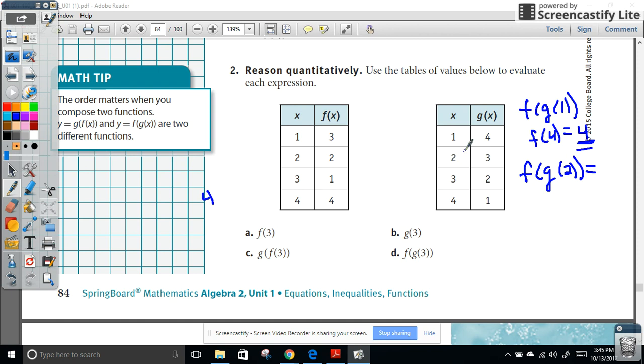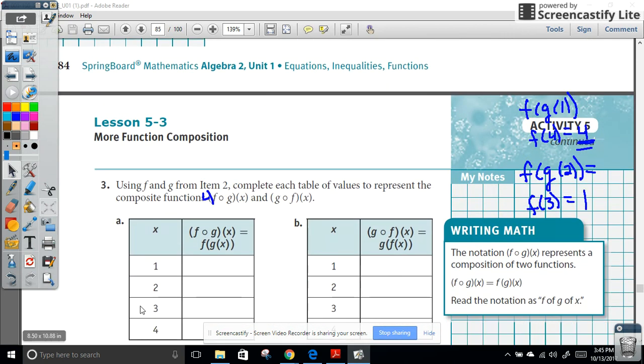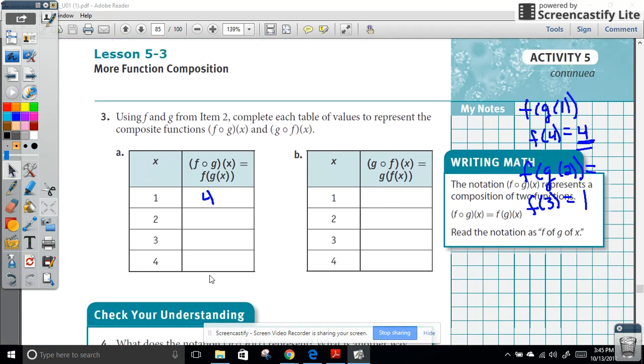If you plug in 2, you get 3. Okay, so that's step number 1. Now they want to know what the f function is evaluated at 3. So when we scroll back over there on our table, out beside the 2, we're going to put a 1 because that was the answer that we got.